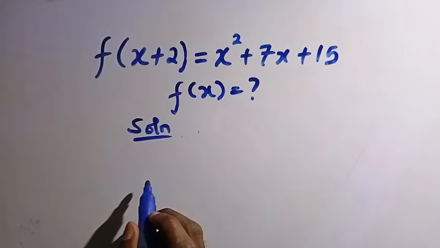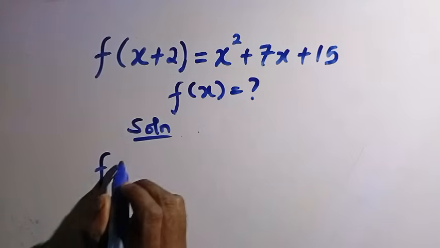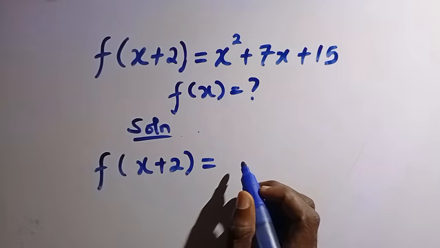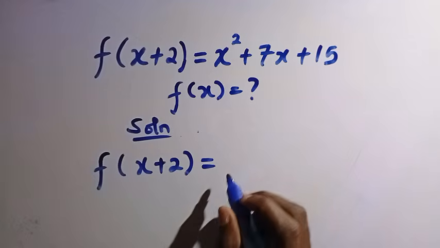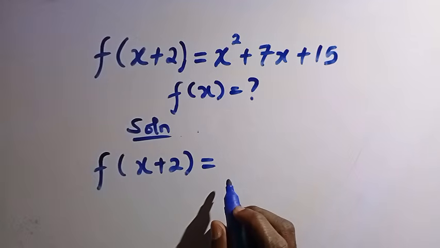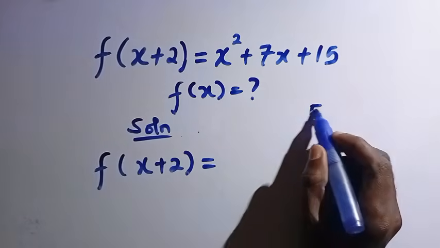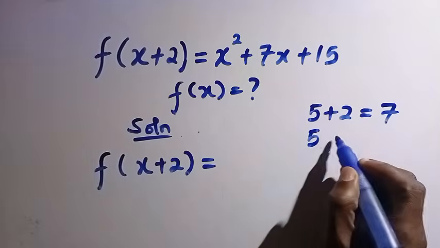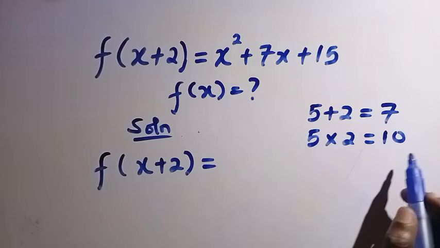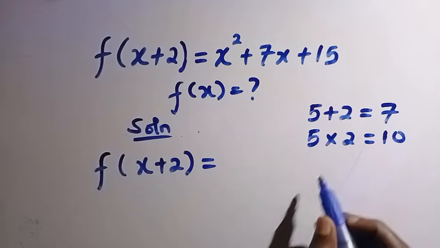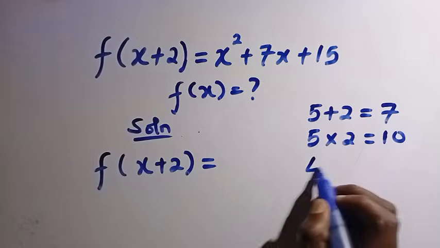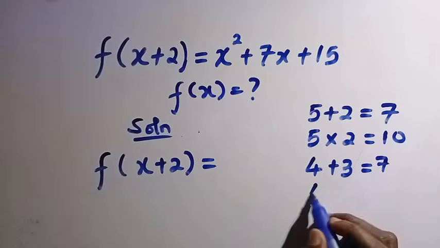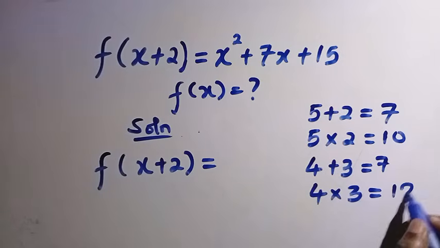Let's consider the solution. From the question, we have f of x plus 2 equals, looking at the right hand side, a quadratic expression, but here we cannot factorize it. 5 plus 2 equals 7, and 5 multiplied by 2 equals 10, which is not 15. 4 plus 3 equals 7, and 4 multiplied by 3 gives us 12.